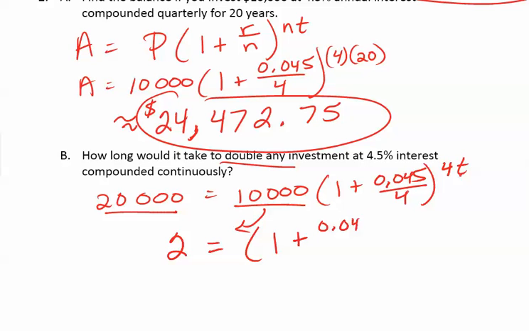Sometimes that confuses students when you're not told the amount of the investment. That's because you're really just looking for that relative doubling. Your final balance is twice whatever your principal was. All right, so we're going to take natural logs of both sides.